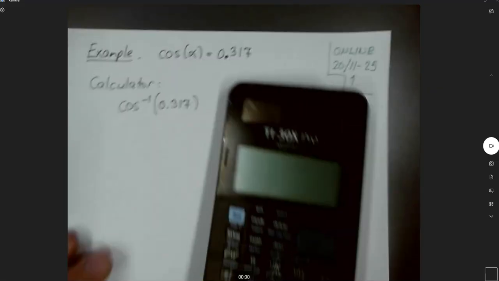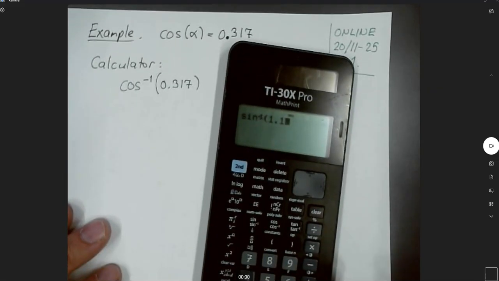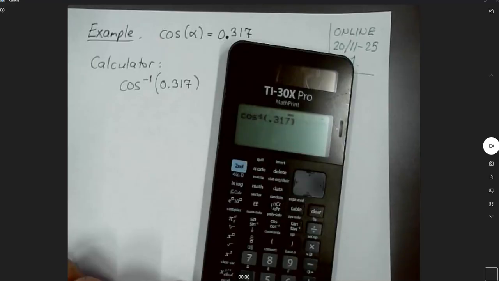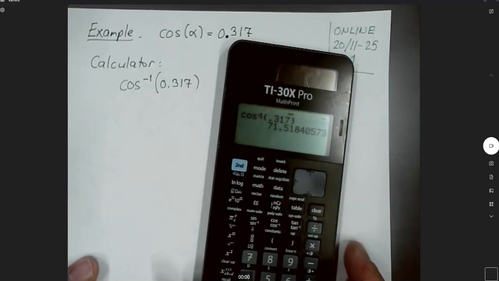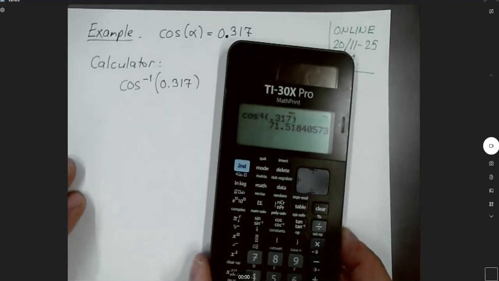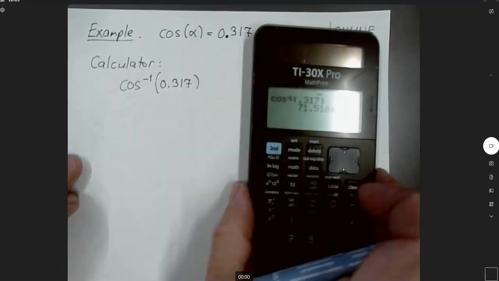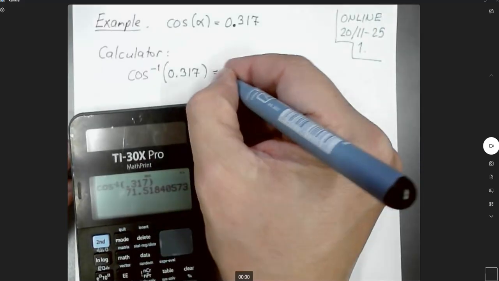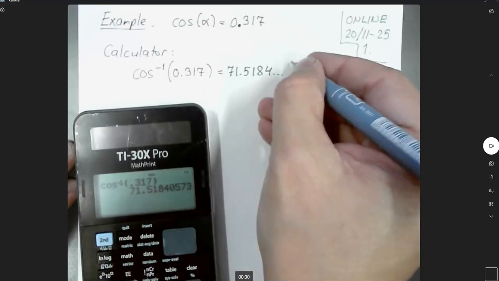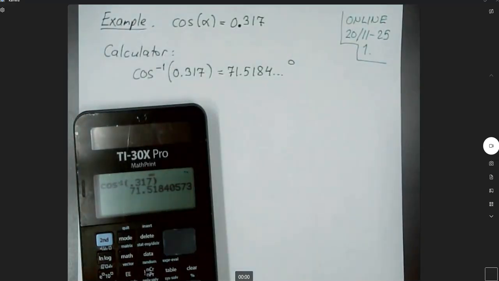I will use this calculator. Cosine minus 1 of 0.317. About 71 degrees. Let's use more decimals. Degrees. This is one solution.